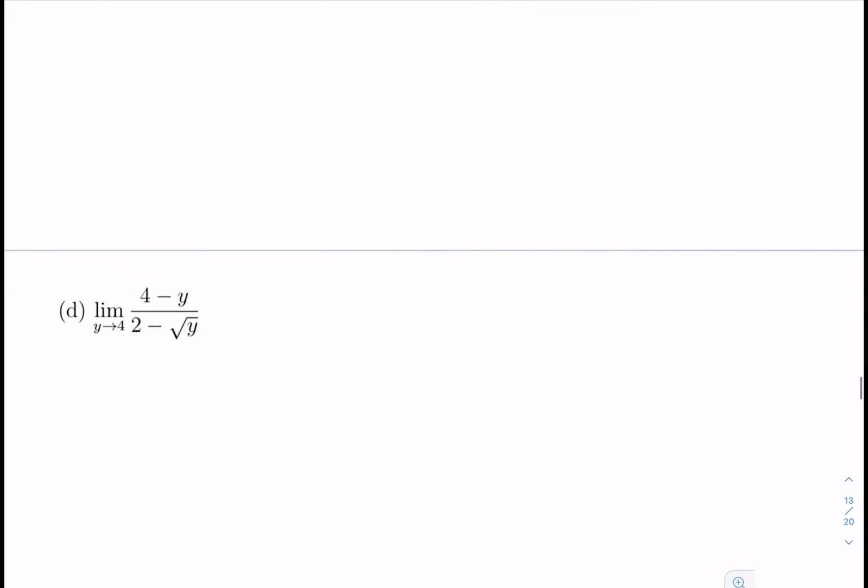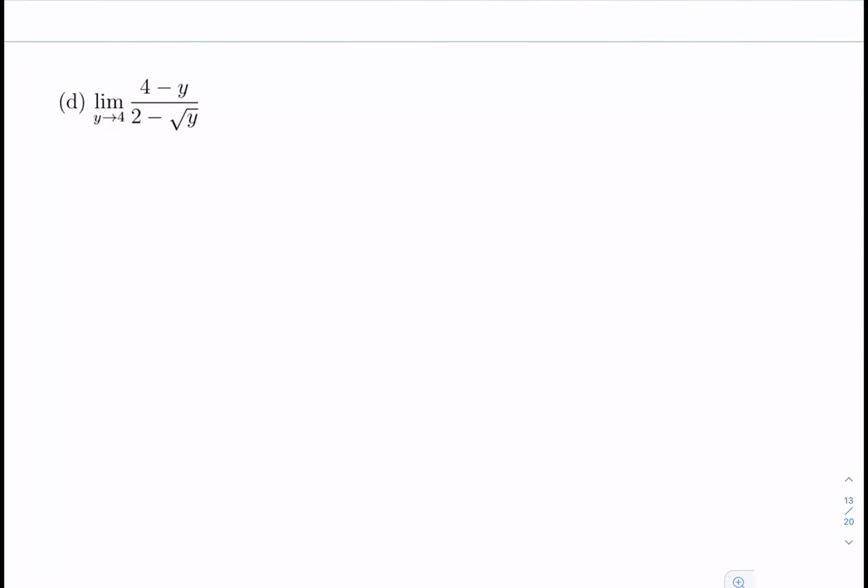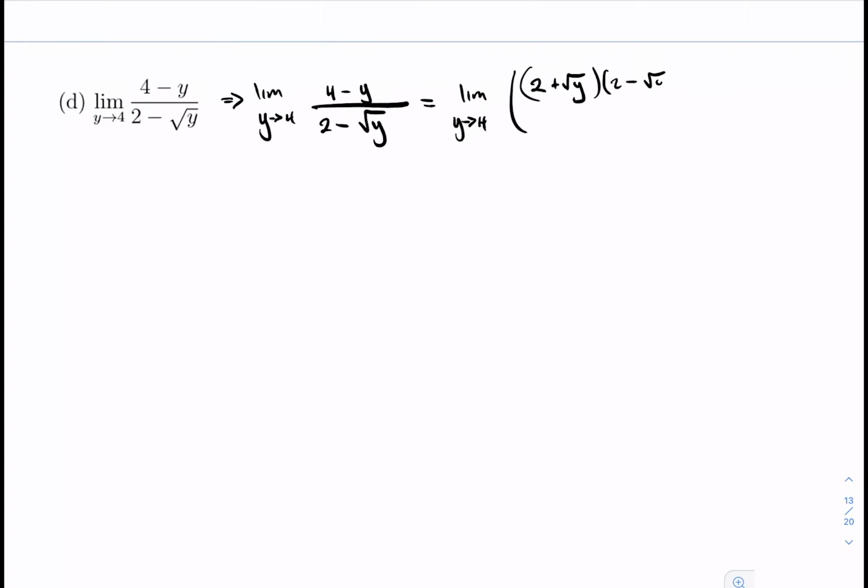Moving right along to our next question, we have the limit as y tends to 4 of 4 minus y divided by 2 minus the square root of y. Here I'm just going to jump right in without any simplification. The limit as y tends to 4 of 4 minus y over 2 minus the square root of y is equal to the limit as y approaches 4 of (2 plus the square root of y)(2 minus the square root of y) divided by 2 minus the square root of y.